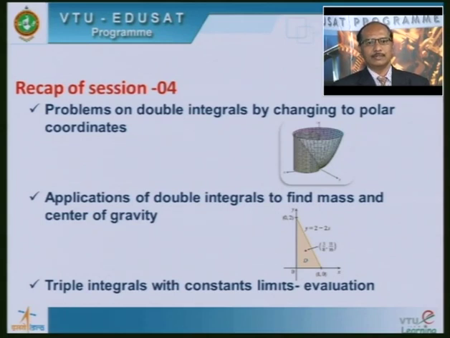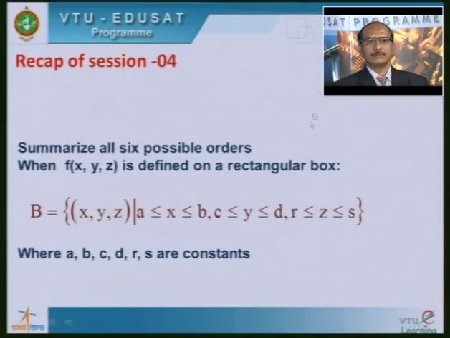And then we started the triple integrals with the definition and the evaluation with constant limits. In the constant limits, there were 6 possible orders we discussed.